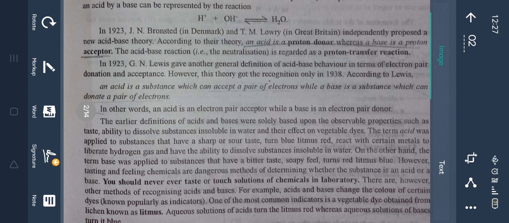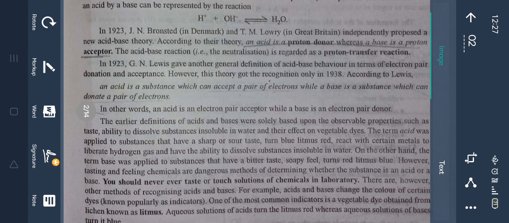The term acid was applied to substances that have a sharp or sour taste, turn blue litmus to red, react with certain metals to liberate hydrogen gas, and have the ability to dissolve substances insoluble in water.